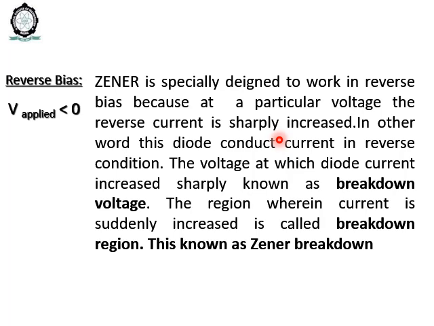In the reverse situation, the diode conducts current. The voltage at which the current sharply increases is known as the breakdown voltage. The region where the current suddenly increases is known as the Zener region, and this situation is known as Zener breakdown.